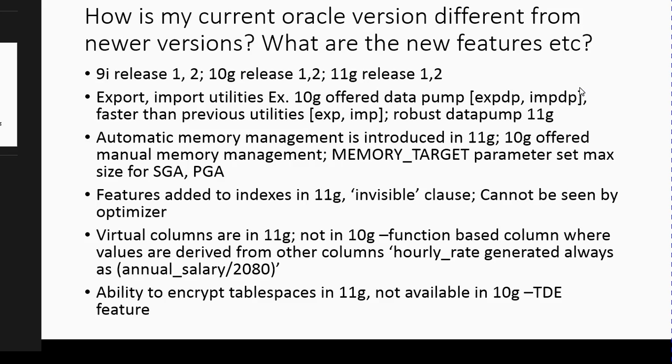And also now in 11G you have virtual columns. Basically, they allow you to have a column where your calculated values are going to go. So let's say you're trying to calculate how much someone is going to get paid per year, per month.